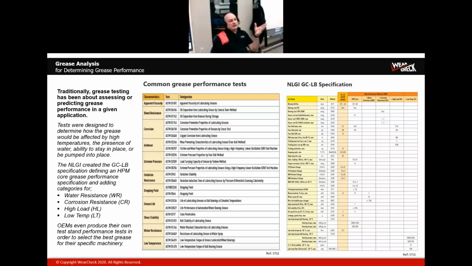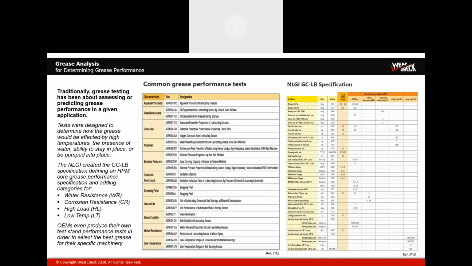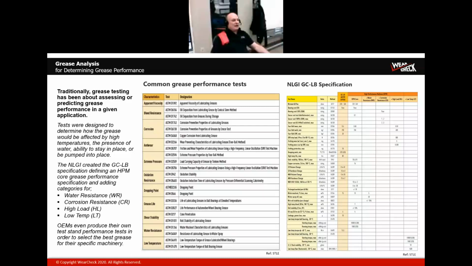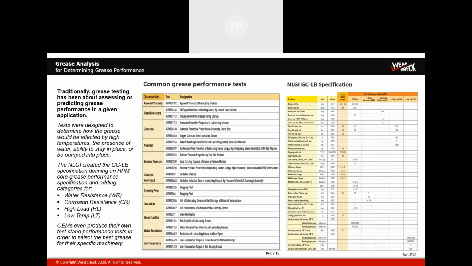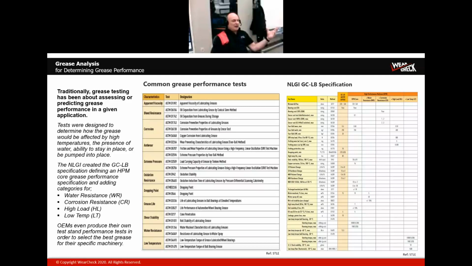So this type of testing, as I said, was really designed for looking at how we anticipated grease was going to perform. We could test 3 different greases for our given application and see which one of them was more likely to be a better grease and use that grease. And more to that, the NLGI has begun to develop this GC-LB specification, and they continue to work on that.